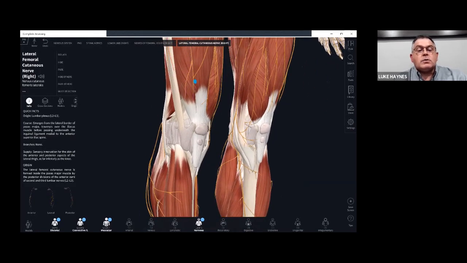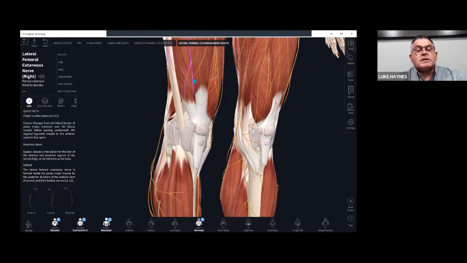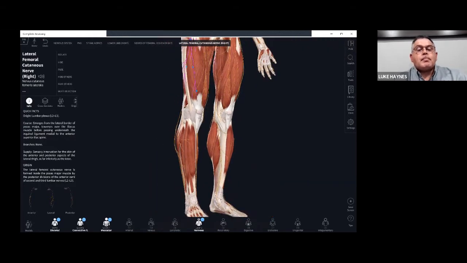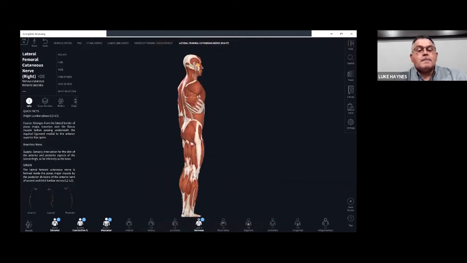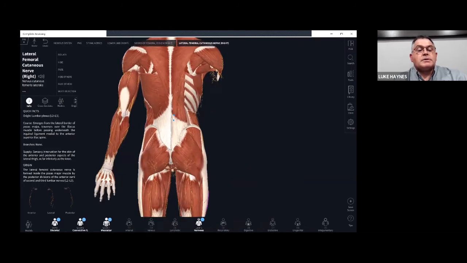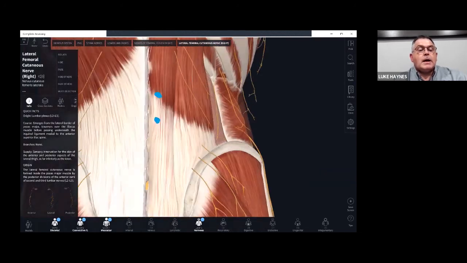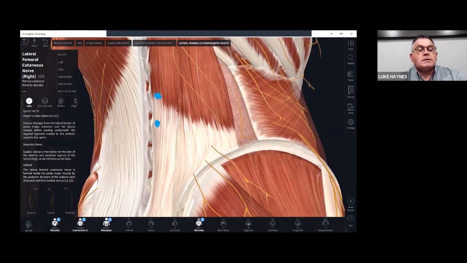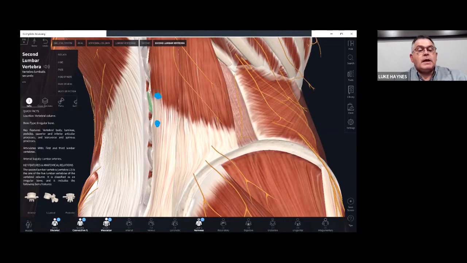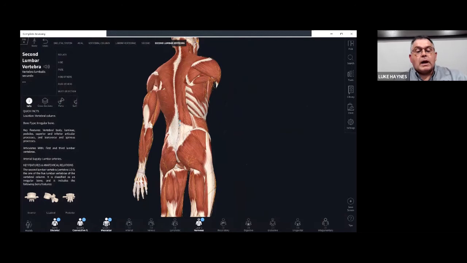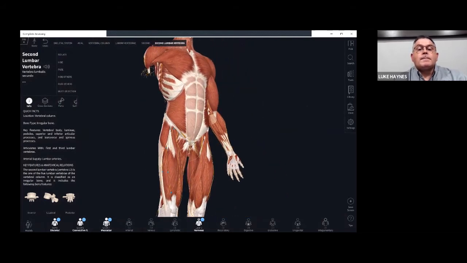And then we can also come further distally, about 4 finger breadths proximal from the lateral patellar pole at that junction of those muscles themselves. Likewise, we can come back at our spinal segmental locations, L2 and L3, for our lateral femoral cutaneous nerve.